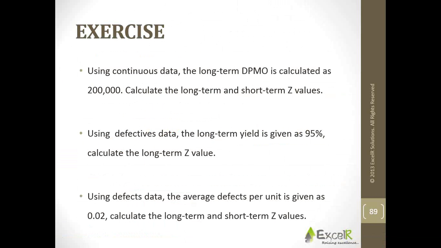Let us calculate the sigma level even for this. Using continuous data, the long-term DPMO is calculated as 2 lakh. Calculate the long-term and short-term Z values. What are we given? We are just given the long-term DPMO.